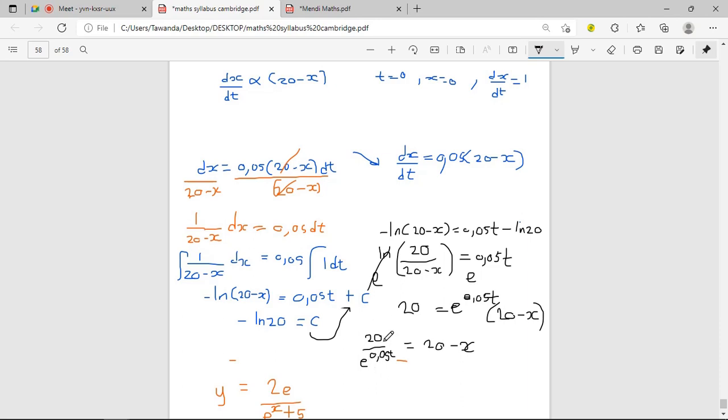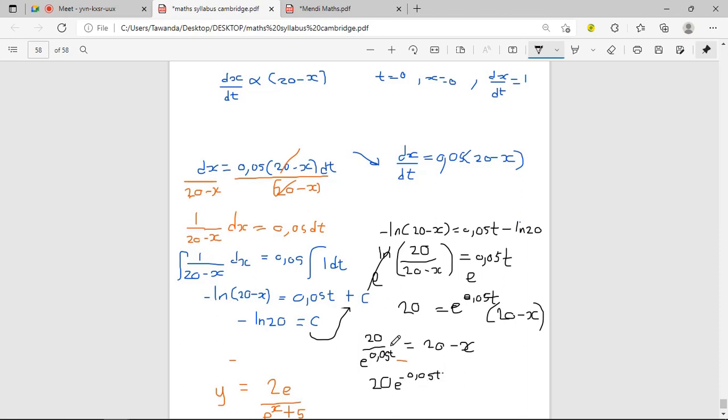Then let me write this one in the simplest form. Isn't it this as 20 exponential of negative 0.05 t, isn't it? It is. Yes.